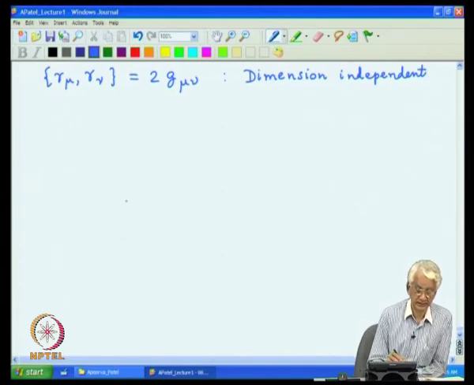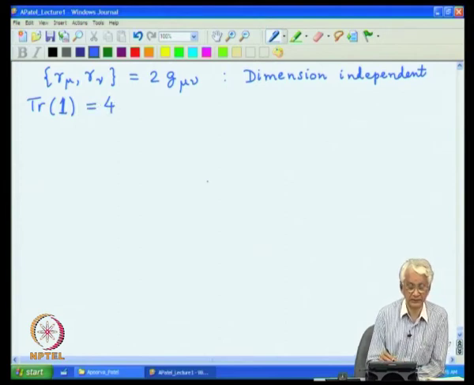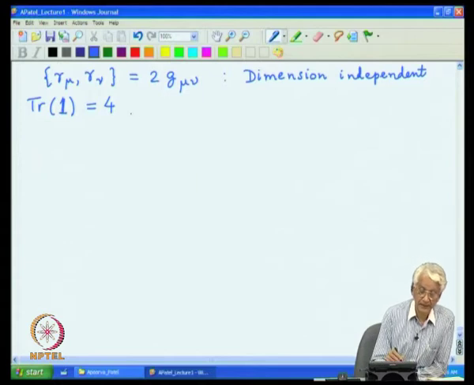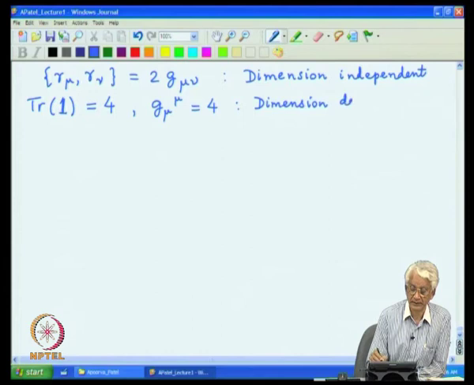On the other hand, there are relations involving the dimensionality of the space explicitly, in particular the trace of the identity matrix in this Dirac space is equal to 4, because there are 4 components of the spinor. Also, the Lorentz metric contracted with itself is 4 as well, because there are 4 space time dimensions, but both these quantities are dimension dependent.